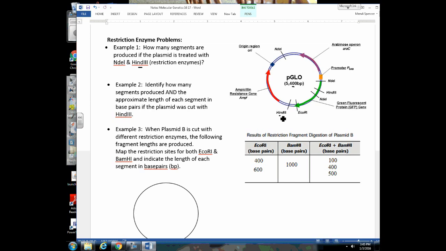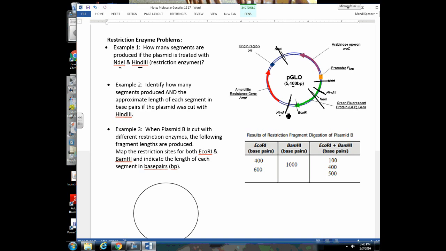So if we treat it with, let's do this first one, we'll call it EcoRI. So here's the restriction site. So this restriction enzyme is going to cut the plasmid here, here, here. And if we treat it with Hind, it's going to cut here, here, and that's it.